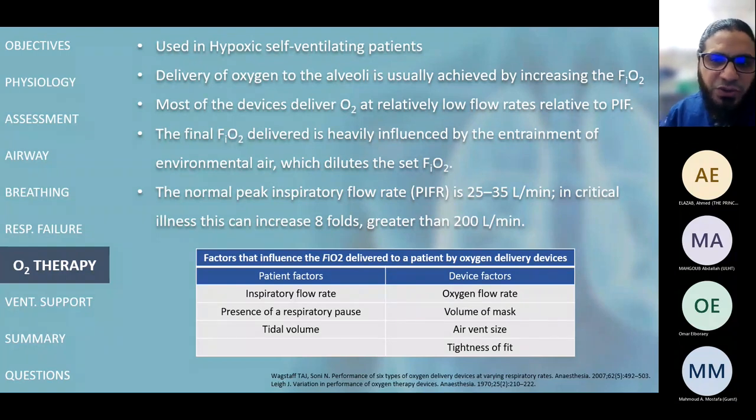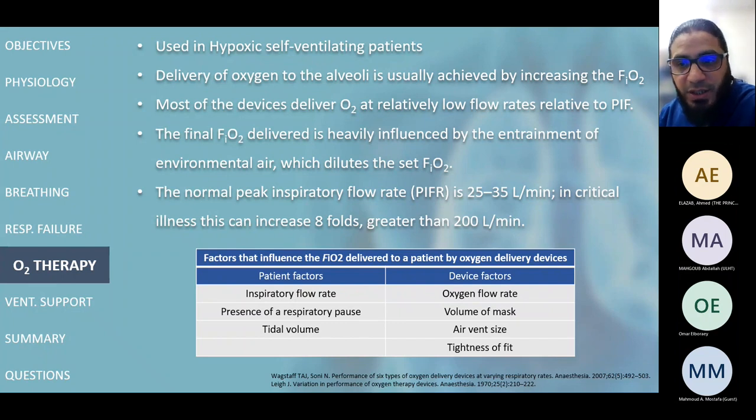This will give time for the oxygen to go through the membranes to the blood. If the patient is tachypnic and in respiratory distress, usually this respiratory pause will be absent. And the amount of air that the patient inhales, which is the tidal volume, will also be very small, as he will have shallow breathing.